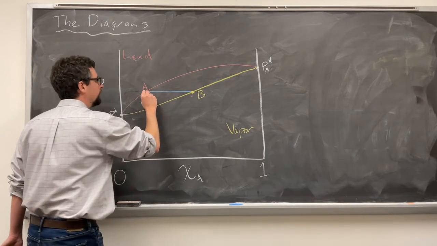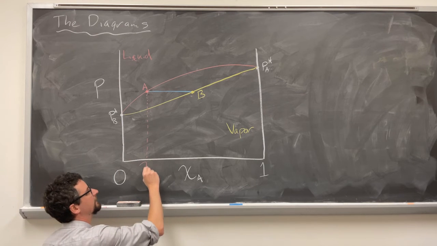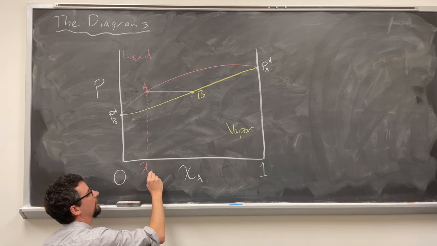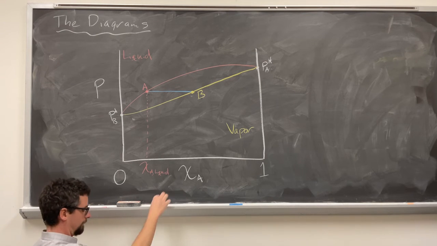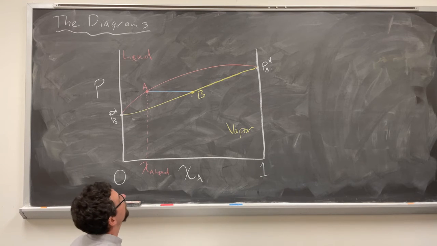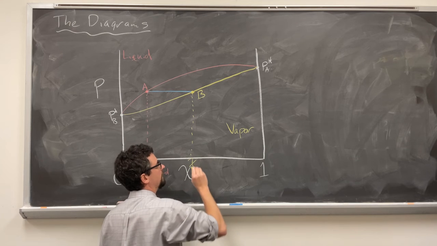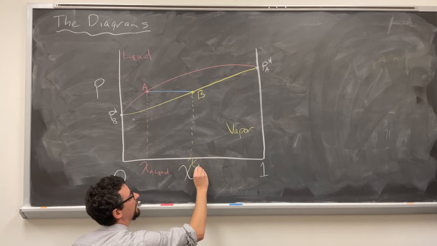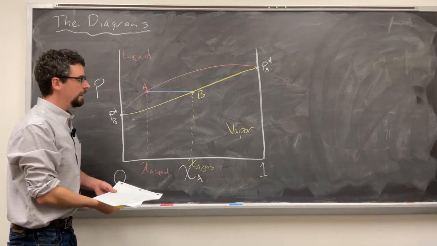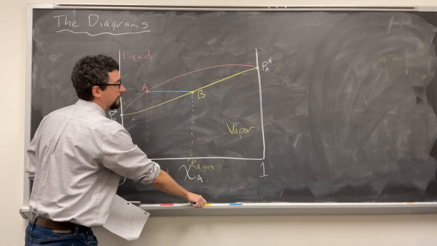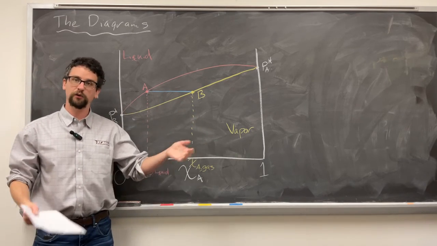So all we have to do is drop down to this point, and that is the mole fraction of A in the liquid. This point directly from B would be the mole fraction of A in the gas phase. So we can utilize this binary phase diagram to figure out those mole fractions and any pressure we're really interested in.